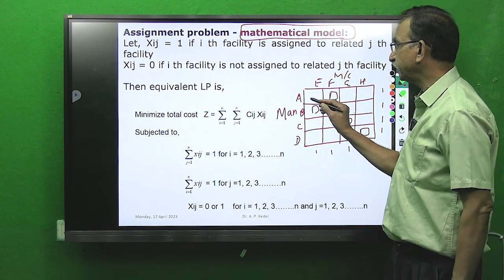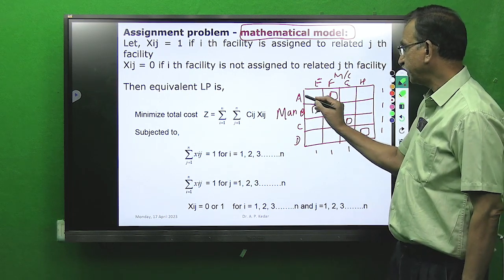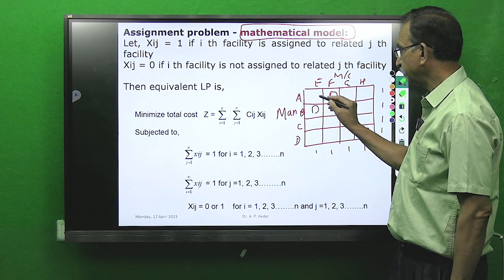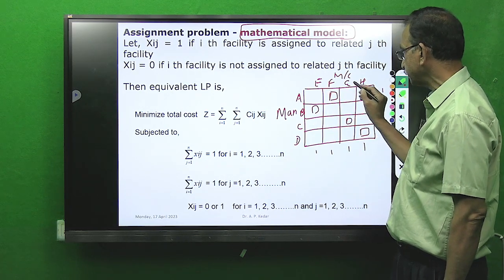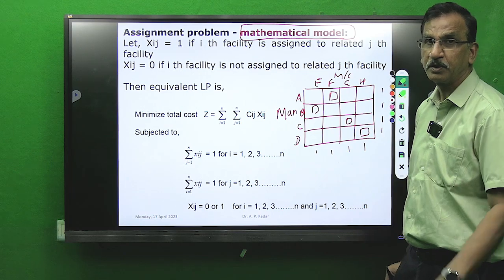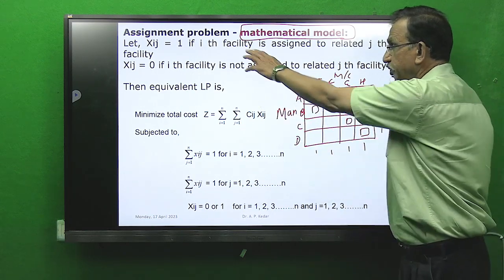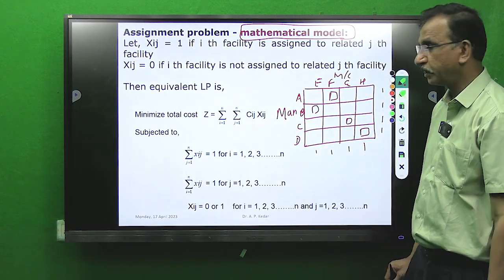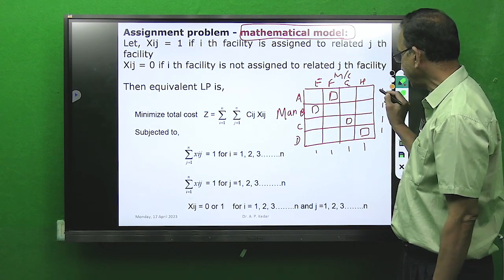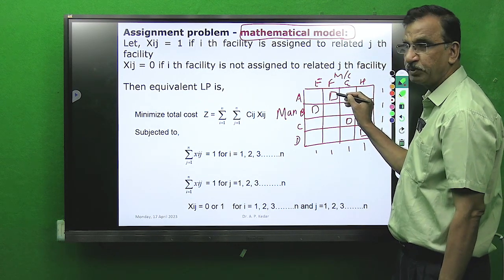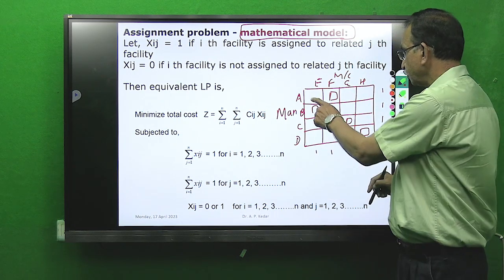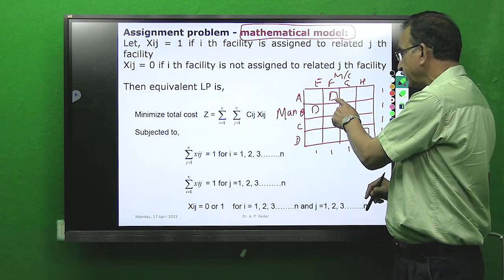Here the assignment is read as man A is assigned machine F, man B is assigned machine E, man C is assigned machine G, and man D is assigned machine H. In a hypothetical way we are saying this to understand the meaning of this model. Since you have only one man A, this is assigned to machine F, which is only one.